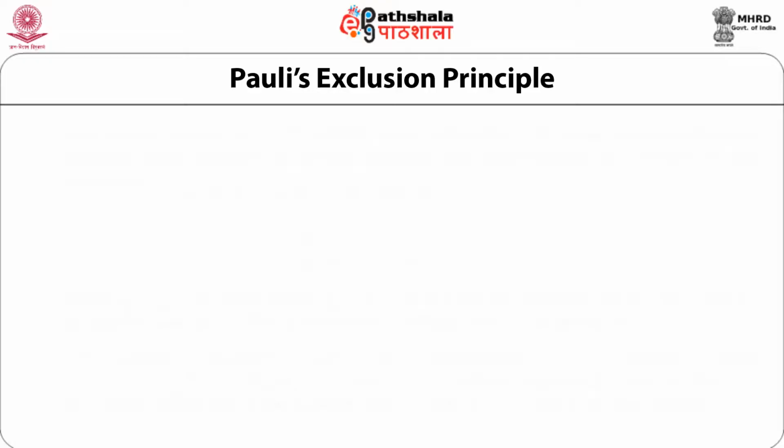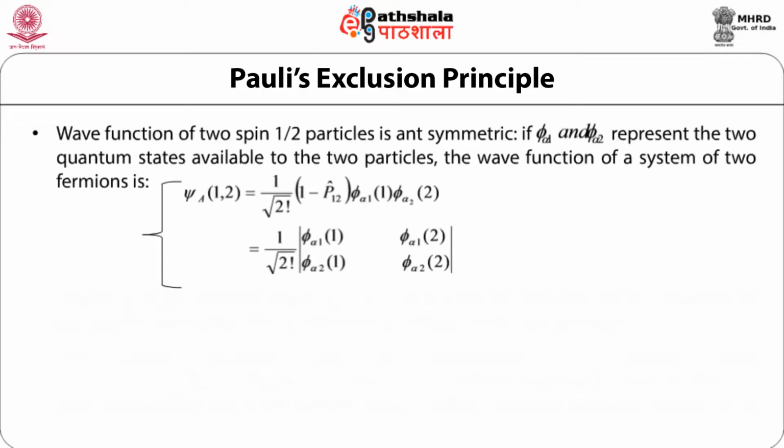Pauli's exclusion principle. Now, we know that the fermions have half-integral spins, whereas the bosons have integral spins. So, if we want to write down the wave function of two spin-half particles, that is two fermions, then we know that the wave function is antisymmetric.